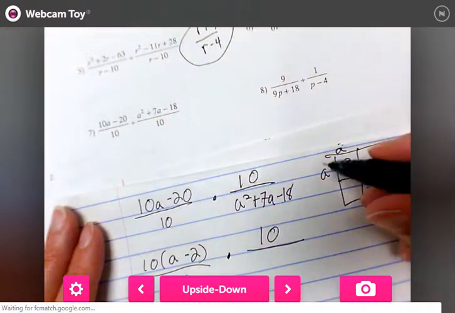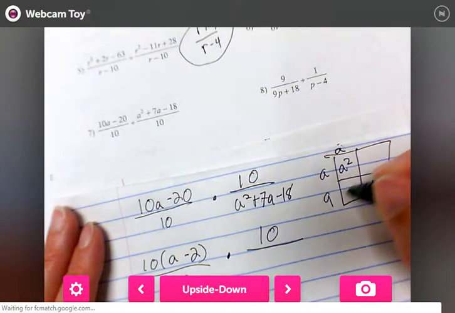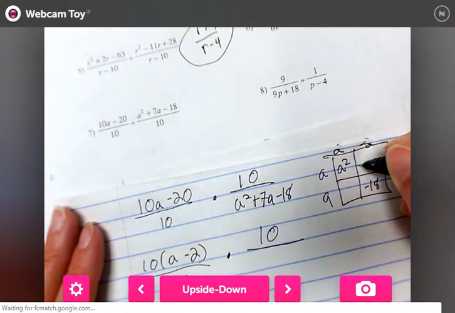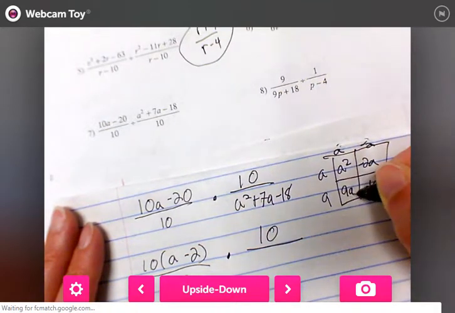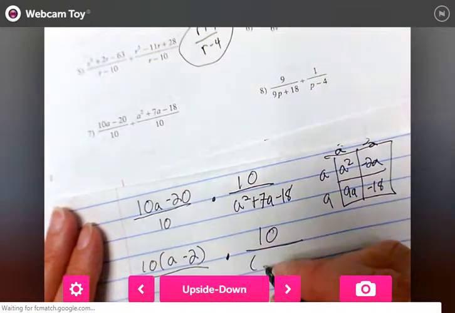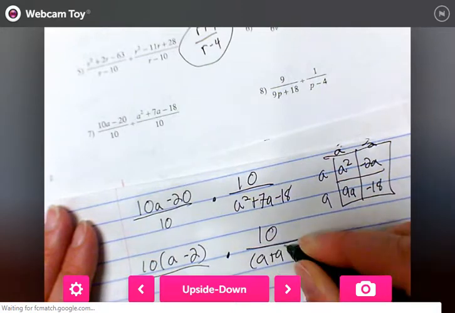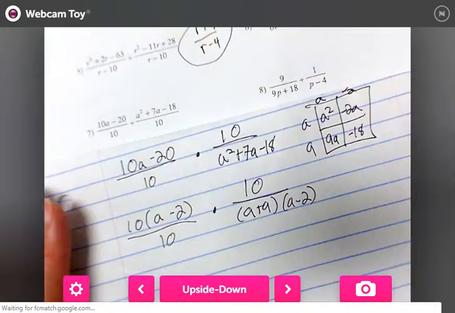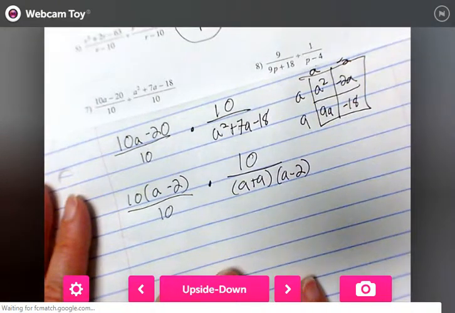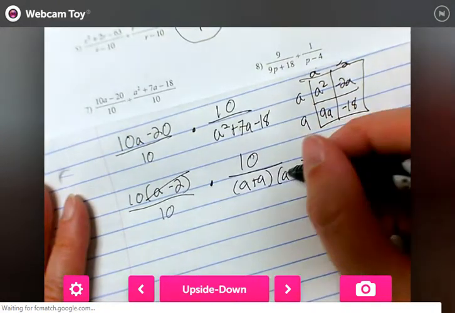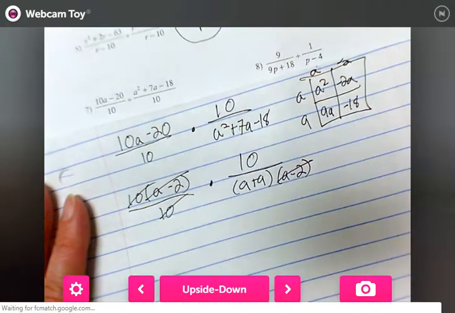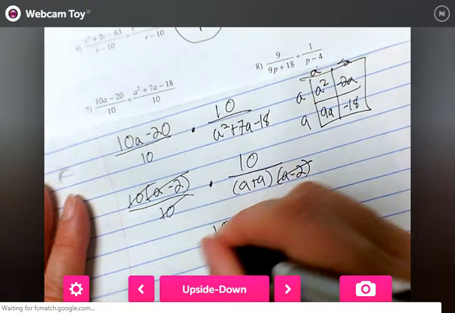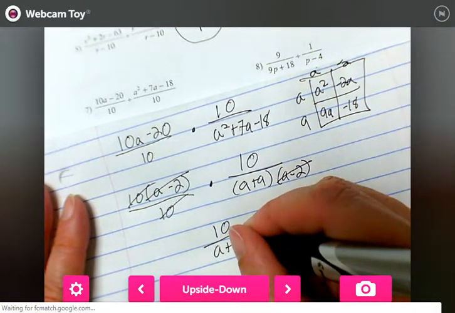So if I go 9 and negative 2, I get negative 2a plus 9a gives me 7a. So that's a plus 9, a minus 2. Okay, everything's factored, correct? So now I cancel. I can get rid of the a minus 2's. I can get rid of my 10's, and I'm just going to be left with 10 over a plus 9.